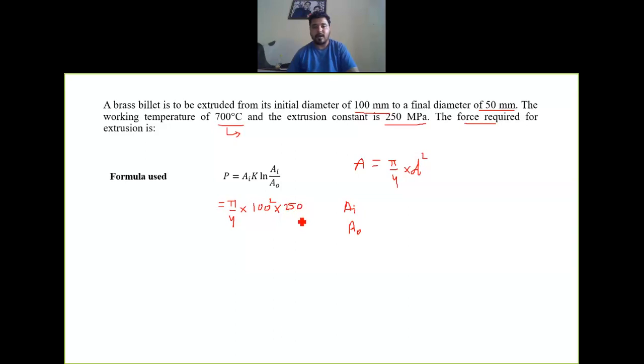We can say Newton per mm square, so we don't have to change the unit here, and ln AI upon AO. Pi by 4 is cancelled out here. So the ln will be ln of 100 square divided by 50 square. If we solve this, we get the result 2.72 mega Newton.